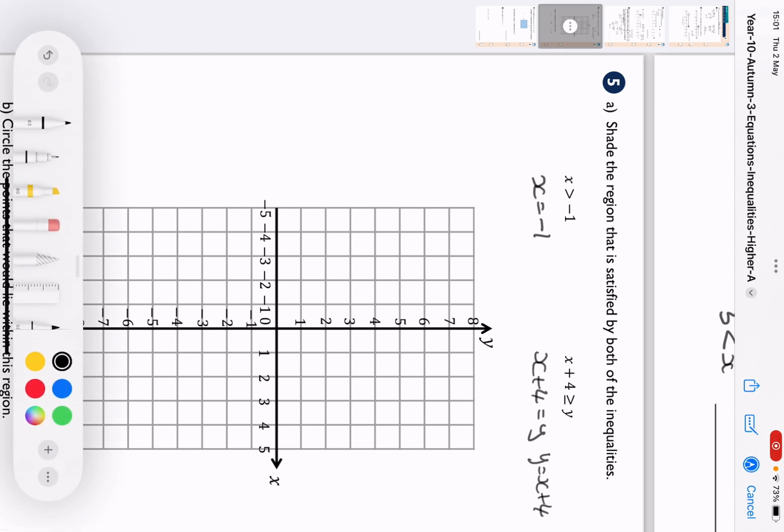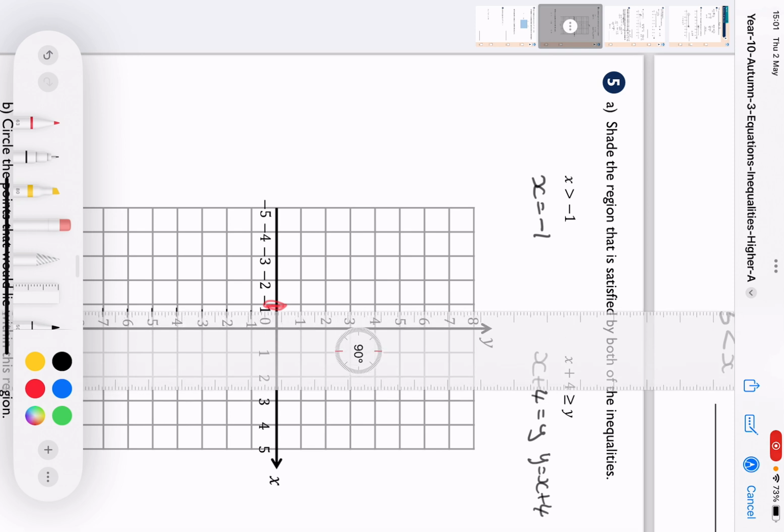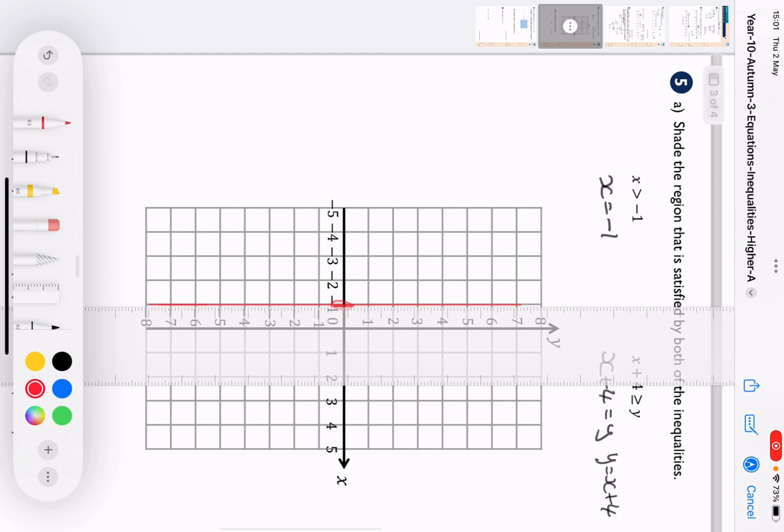Well, I'll do this in red. -1 on the x-axis is just here. Hard to see, but it's that point there. And in fact, the line goes straight up and down for an x equals, like that. Okay, so there's my line, and that is the line x equals -1.